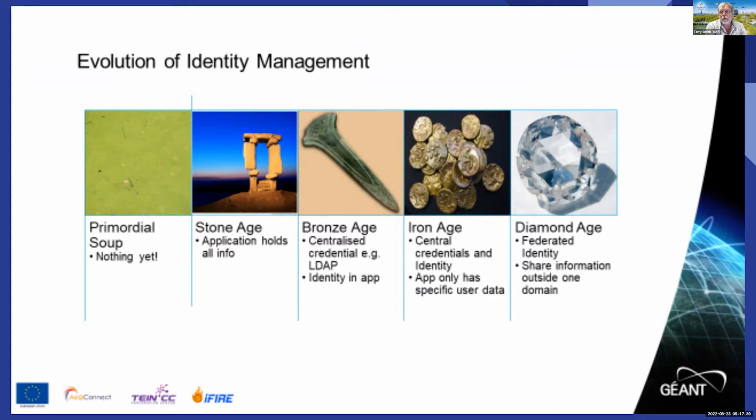So I can log into a service that my organisation knows pretty much nothing about if it's part of the federation, but my identity information is held securely within my organisation. Only the information that is required to run that service is passed over to the service after I've successfully logged in at my home organisation.